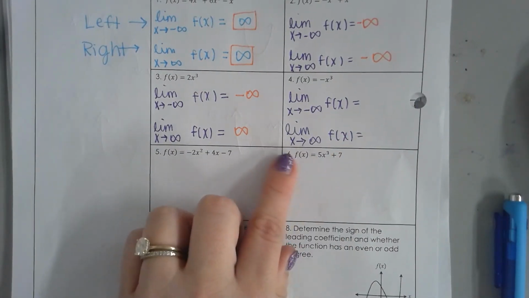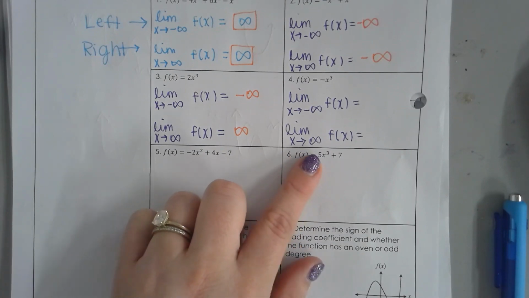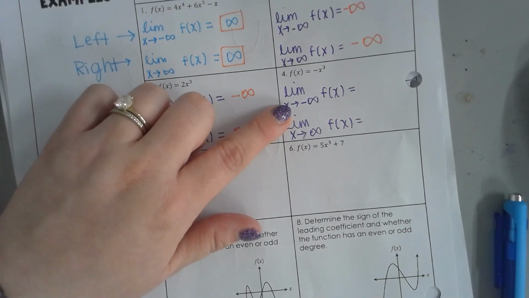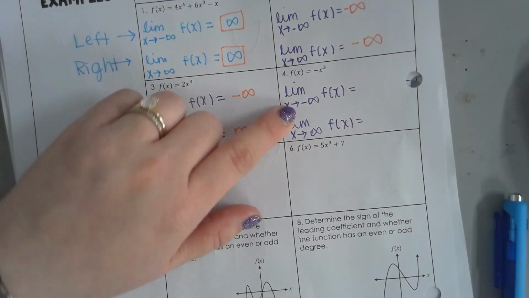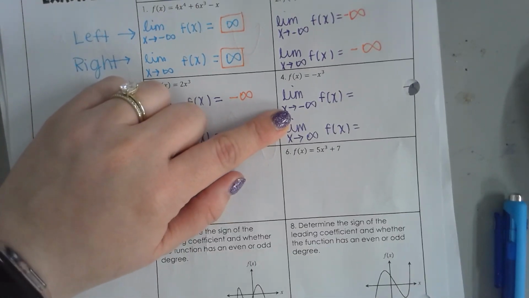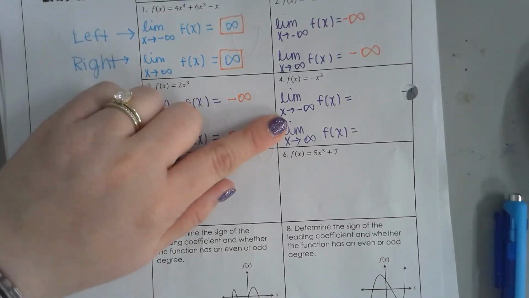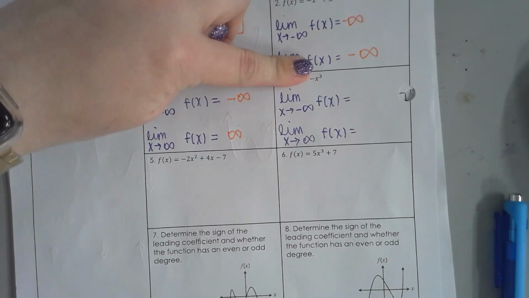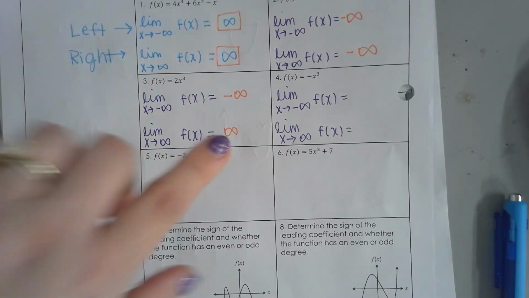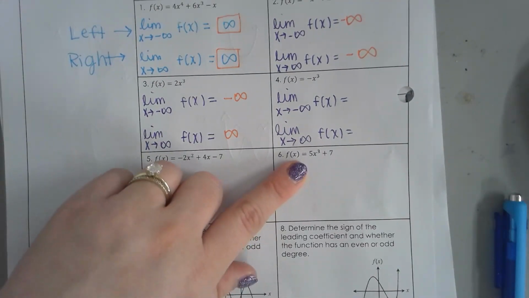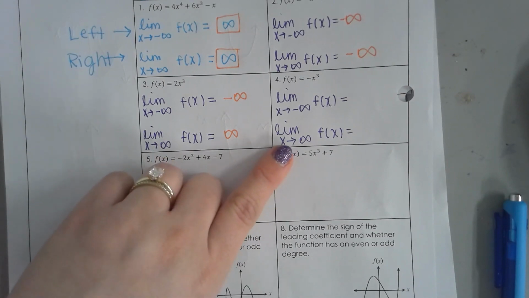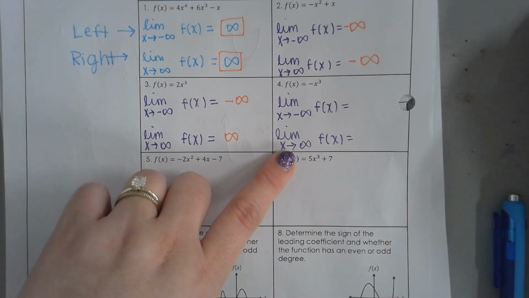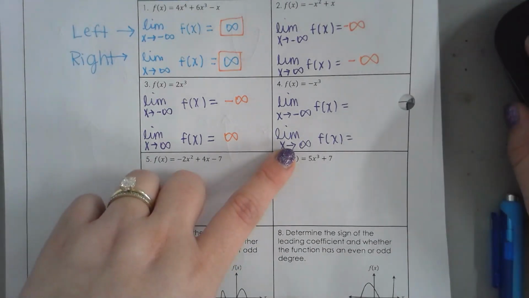The limit as x approaches positive infinity, that's the right side. So we're saying, if my x's get smaller and smaller, like I plug in negative 1, negative 10, negative 100, what's going to happen to my y's? Or as I plug in positive 1, positive 10, positive 100, what's going to happen to those answers? Okay, so let's just go to the graph. I think that's the easiest way to see it.